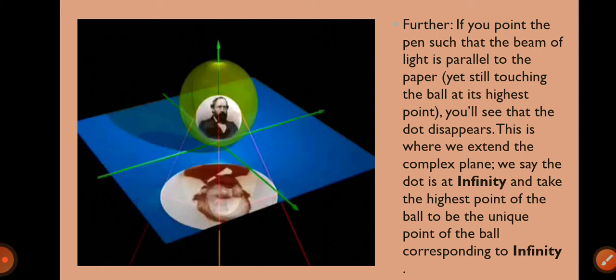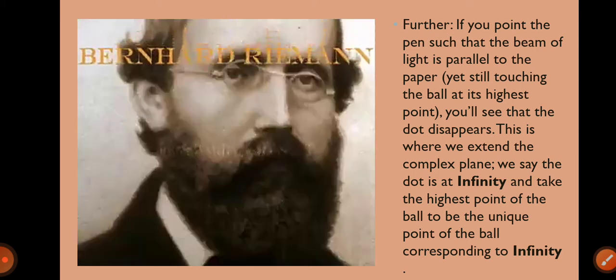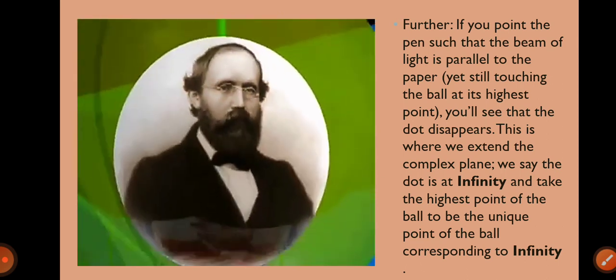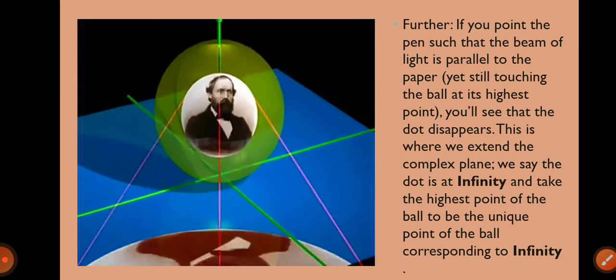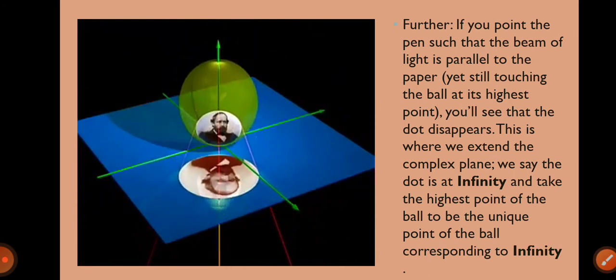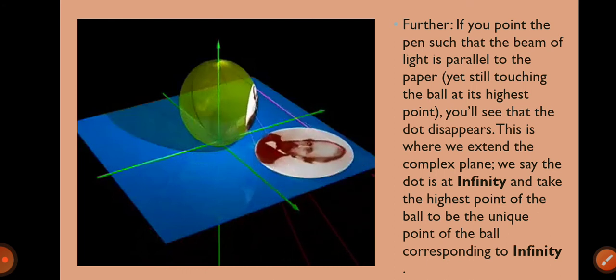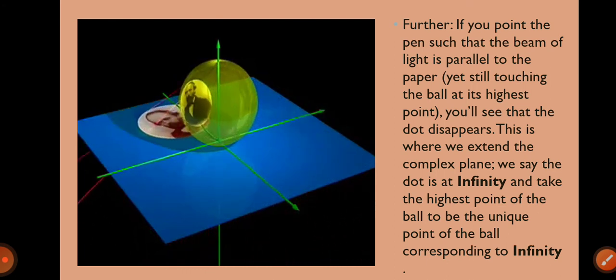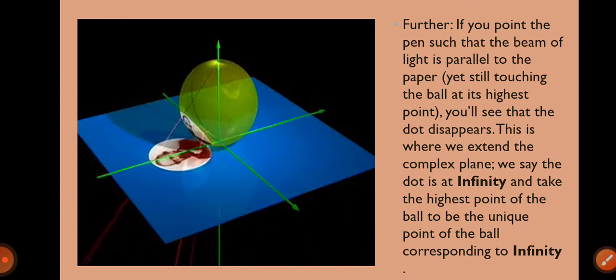Now see the video of what we have been doing. This is the picture of the Riemann sphere. This blue paper is the complex plane and our ball is this green Riemann sphere.